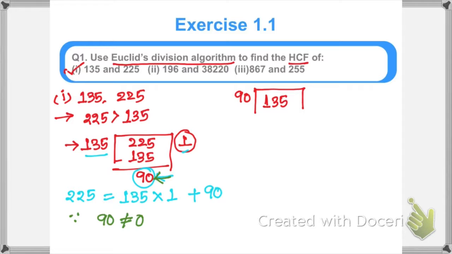So we'll get 1 90, 1 90, and here you'll get the remainder as 45. See, again here the remainder is not equals to 0, so we need to move to further steps as well. But here again you can write it like this, dividend is equals to divisor into quotient plus remainder.